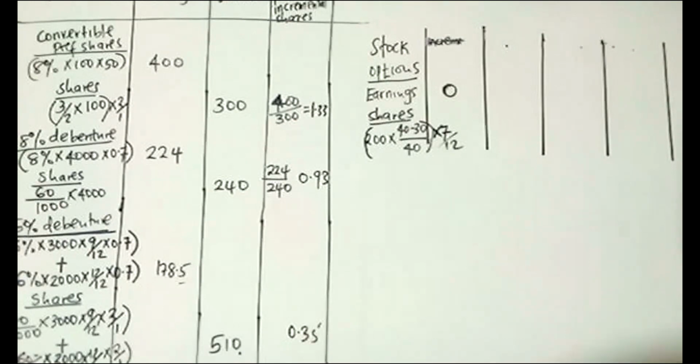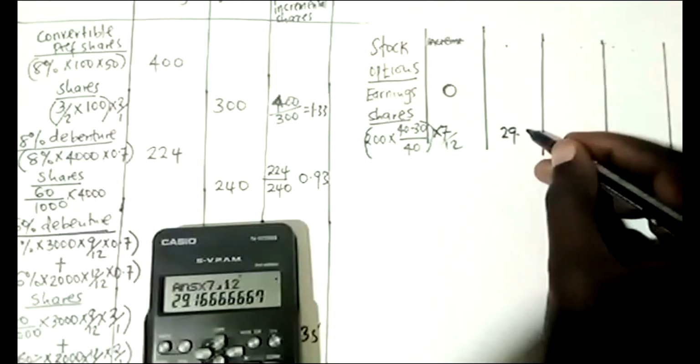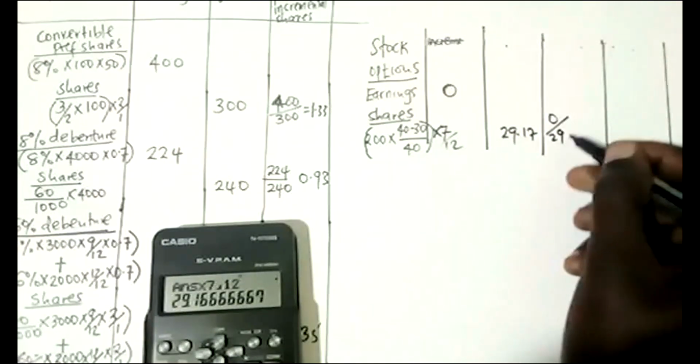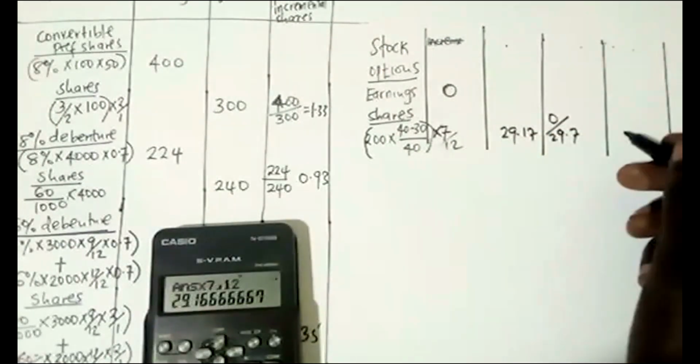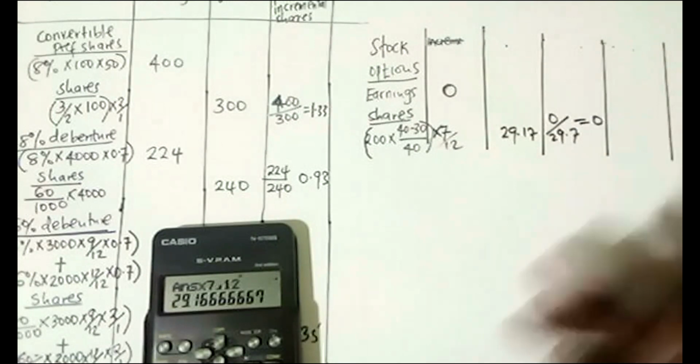So from my end, I'm getting 29.17. So if you divide 0 by 29.17, you get 0.